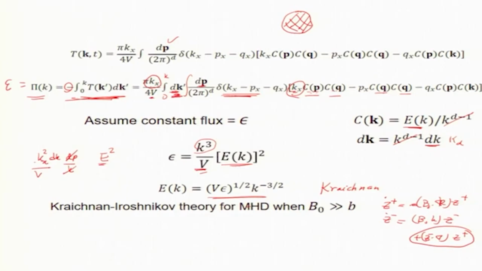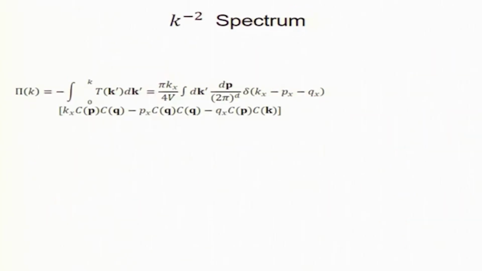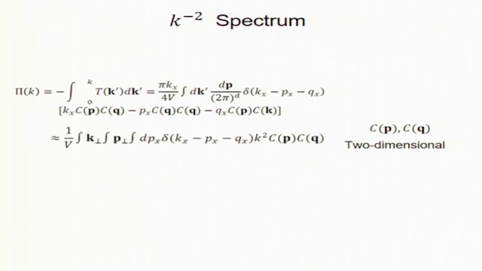So, this is a theory by Galtier and Nazarenko, and the argument there is the following. Here my spectrum is 2 dimensional, and so this is not 3D.